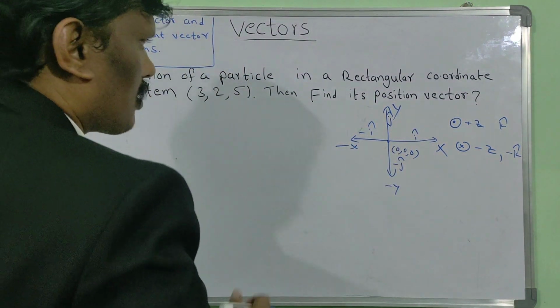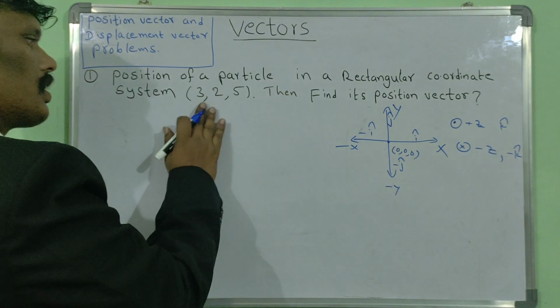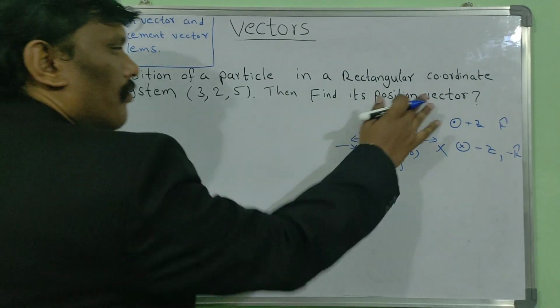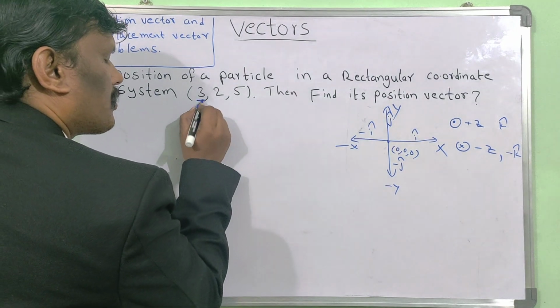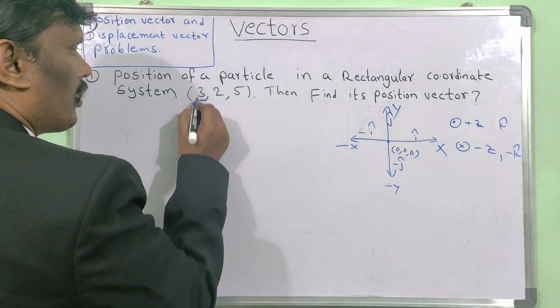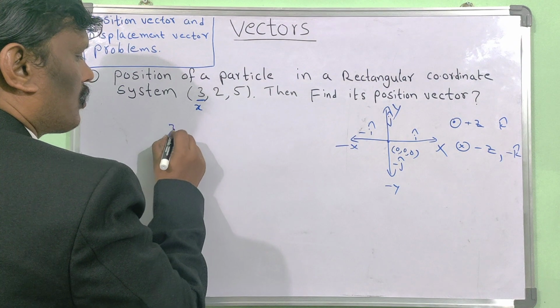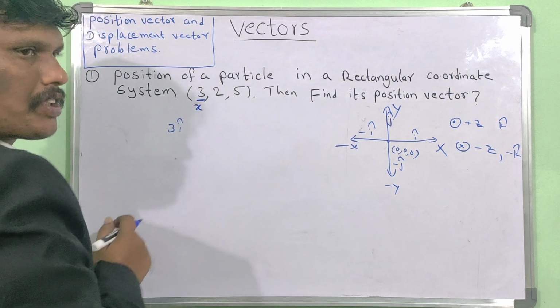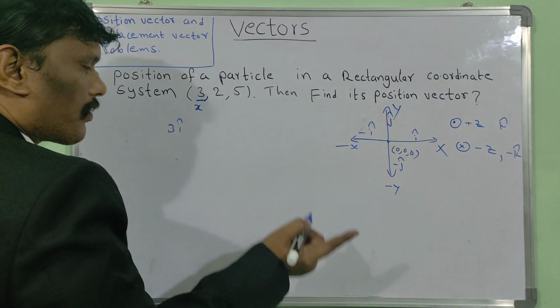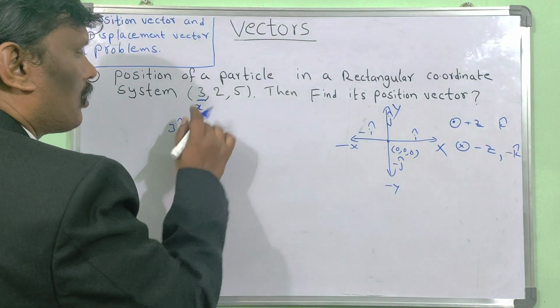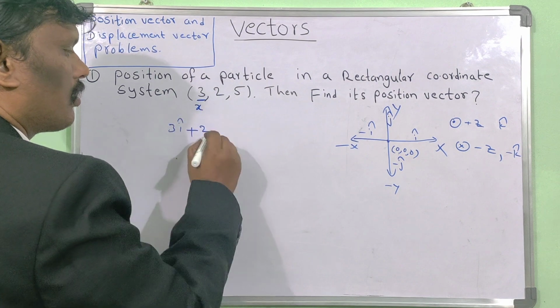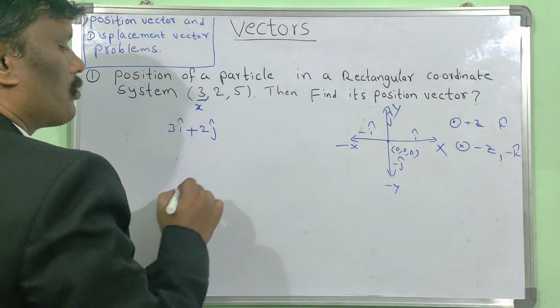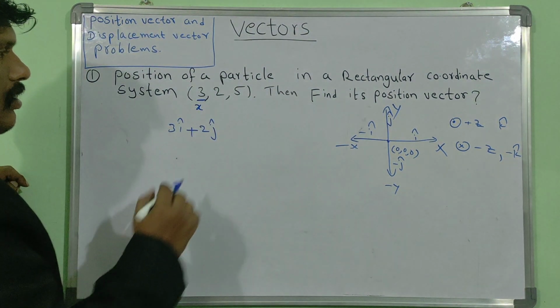So how do we represent the position of a particle in a rectangular coordinate system, 3, 2, 5? Find its position vector. This is the x coordinate, that means along the x direction we need to move 3 units to reach the position. After that we turn towards the positive y direction, 2 units along the positive y-axis.